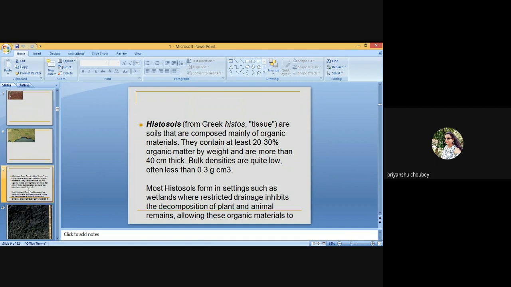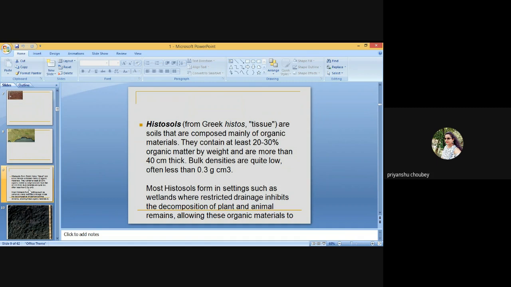Histosol, from the Greek histos, tissues, are soils composed mainly of organic materials. They contain at least 20 to 30% organic matter by weight and are more than 40 centimeters thick.